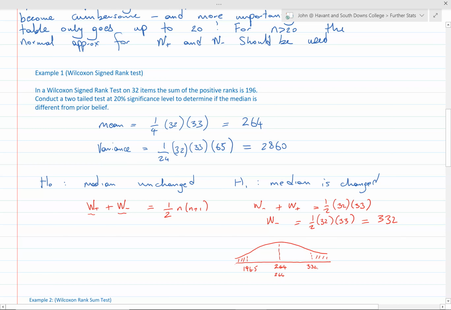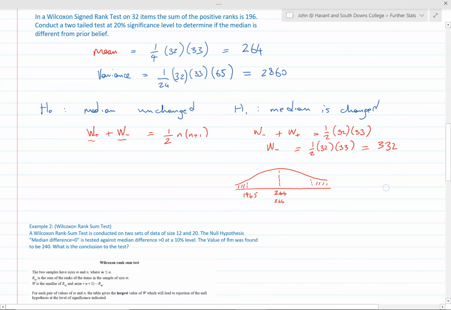So W plus or W minus can occur on either side of the tail, but you just work with whatever you're given and deduce that we're on the left hand side of the tail here, because the mean, we do mean here because it's a normal distribution, the mean is 264, which is greater than the value of the positive rank, so we're dealing with the left hand side of the tail.